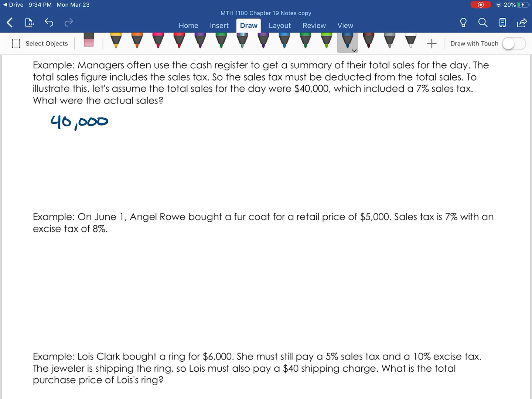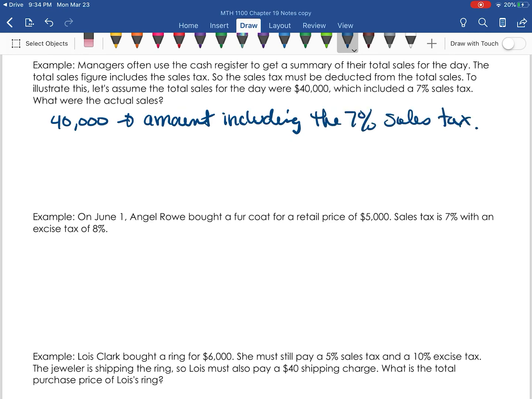So the question is asking, what was the actual amount of sales? What was the sales before we added on the 7% tax?